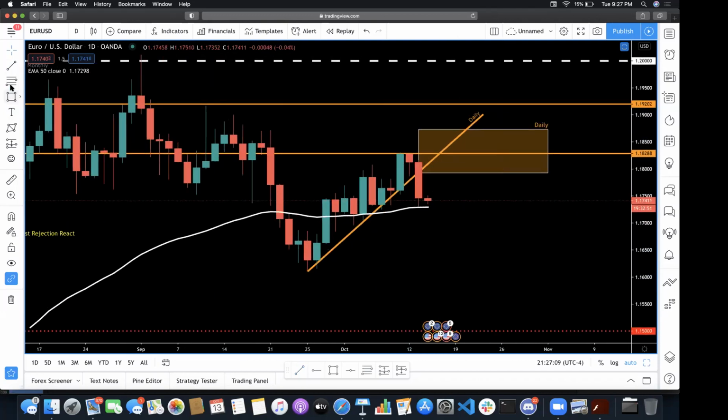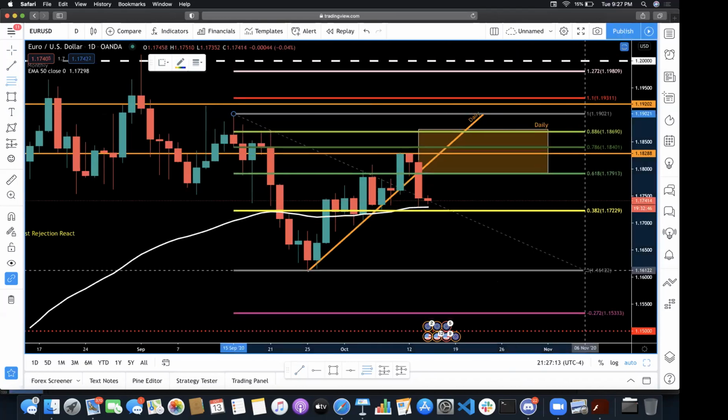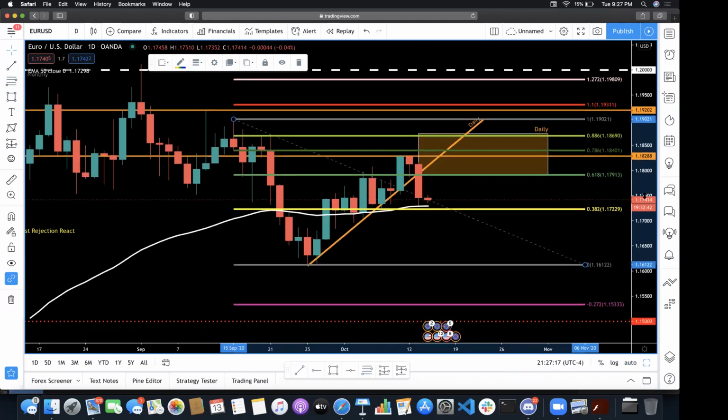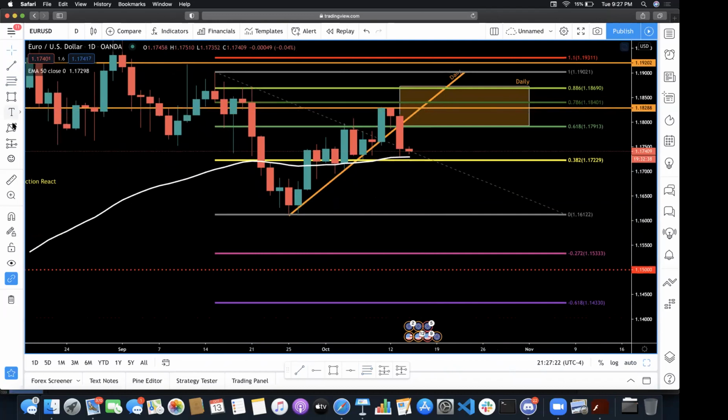So here's what we're doing. I'm going to show you guys, if this was me entering today, right now, properly, I understand that realistically I can hold this trade all the way to this red dotted line. My first TP is going to be right here.